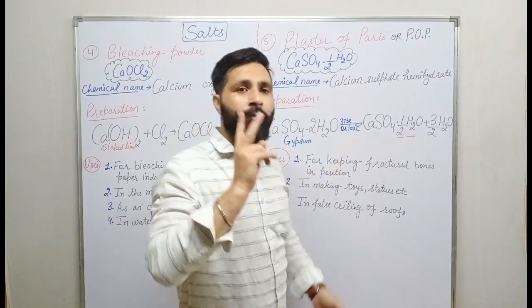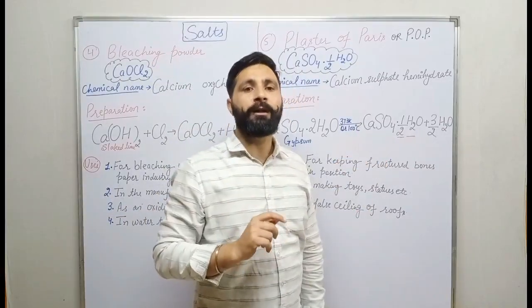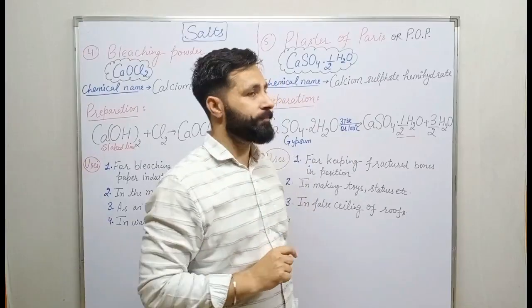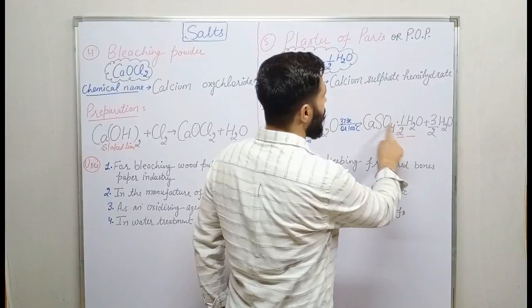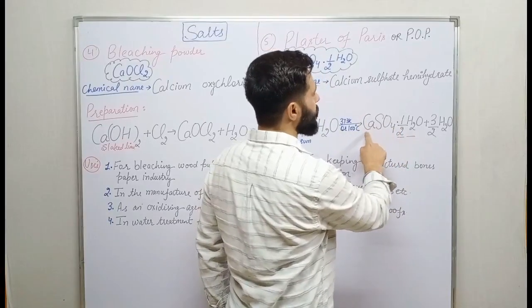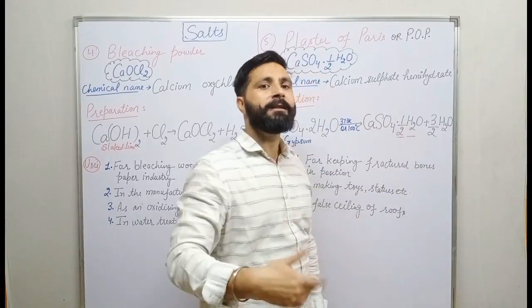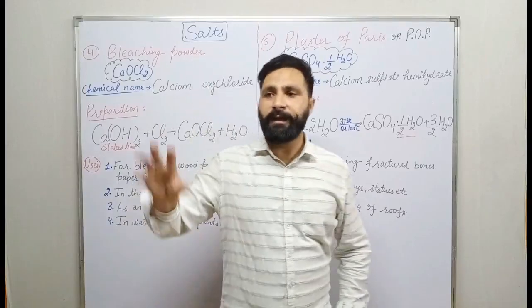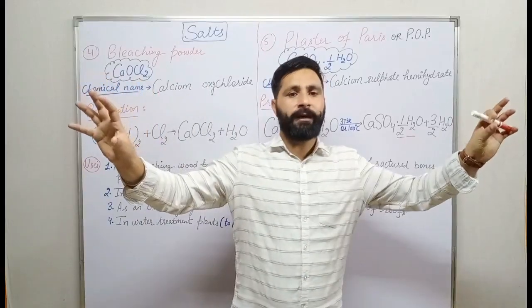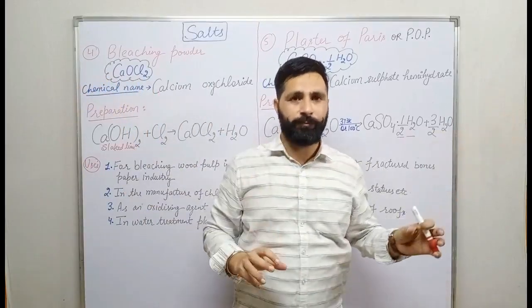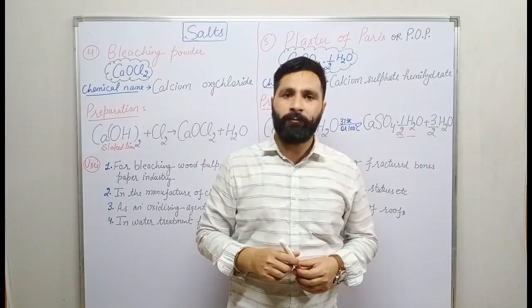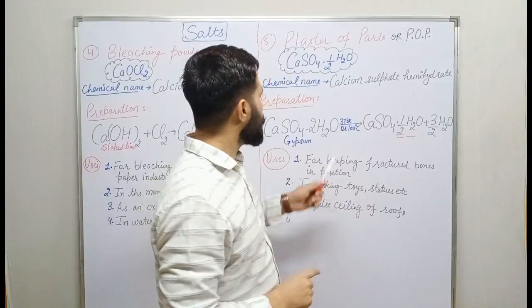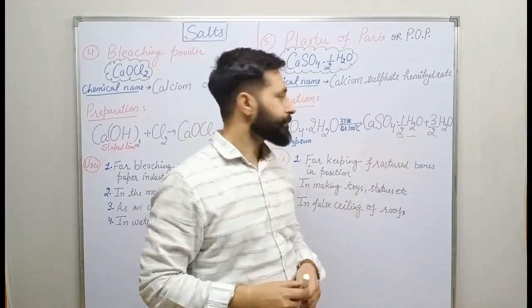It means two calcium sulfate molecules share one water molecule. Clear beta? Because here 1 is written, so it's a half. If 2 calcium sulfate molecules are there, then half. It's just a sharing. So 2 calcium sulfate are sharing 1 water molecule. That's why 1 calcium sulfate shares half H2O.